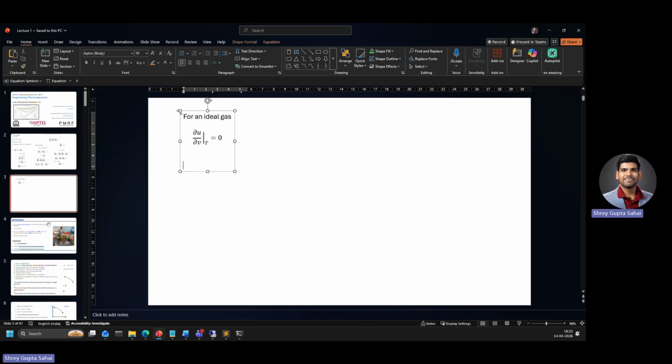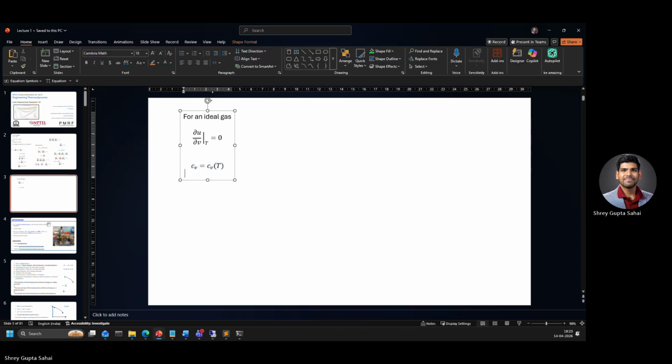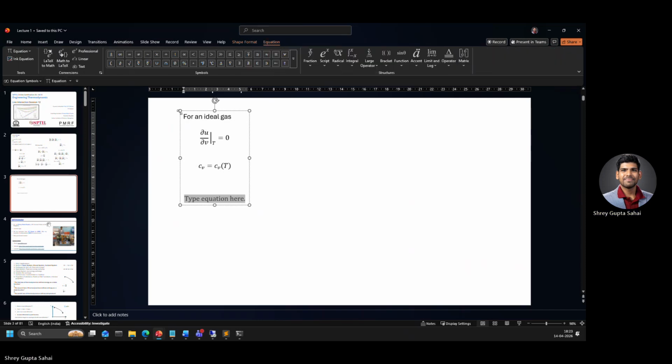If CP or CV is a function of only temperature, how do I imply this? Okay. For an ideal gas, first of all, let's realize that dU will be this term.